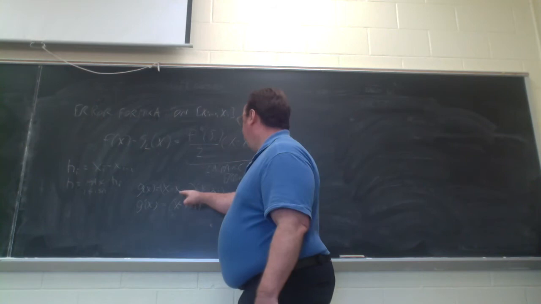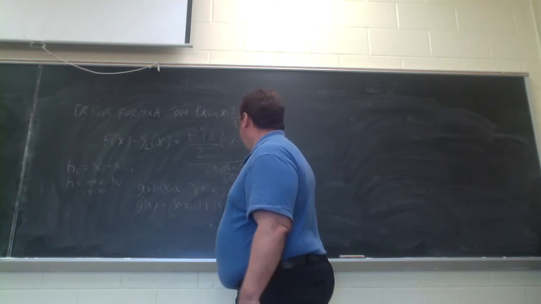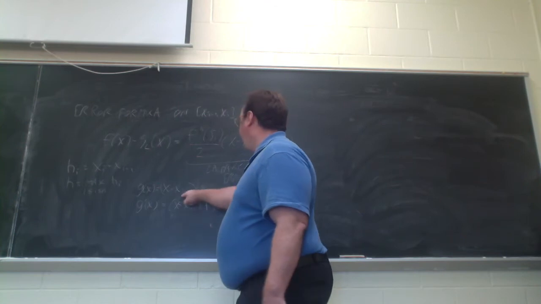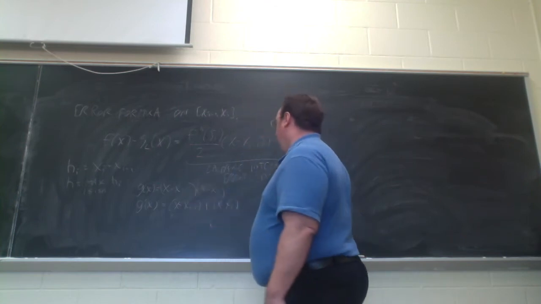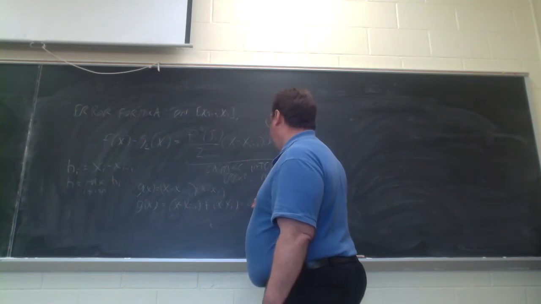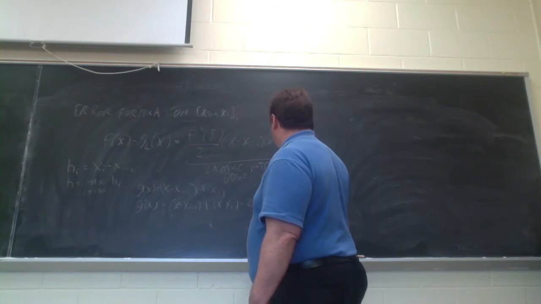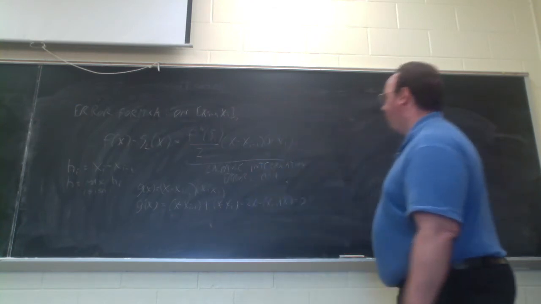I have this times the derivative of that, which is 1, plus this times the derivative of that, which is 1. That gives me 2x minus x_{i-1} plus x_i, and I set that equal to 0.